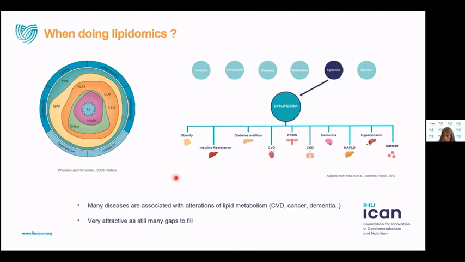In some cases of cardiometabolic disease, such as obesity, insulin resistance, or diabetes, but not only, it is also relevant in kidney disease, some cancers, and also neuropathologies. Another reason why lipidomics could be interesting is that, as an emerging field, it's very attractive because there are still many gaps to be filled.